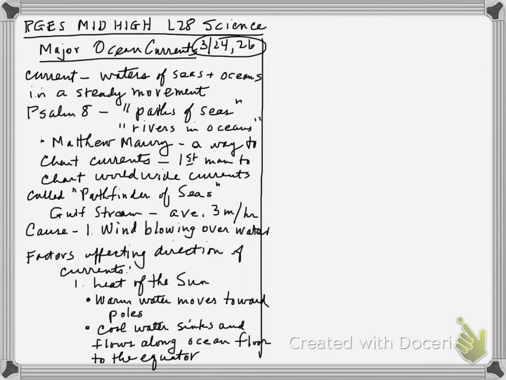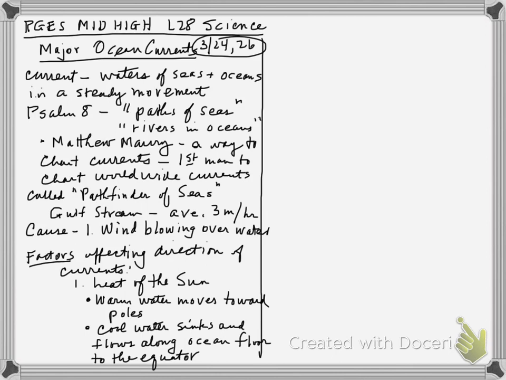So let's look at some factors now that affect the direction of the currents. The biggest factor, the number one factor, is the heat of the sun. So the heat beats down on the ocean. The sun warms the temperature of the water.